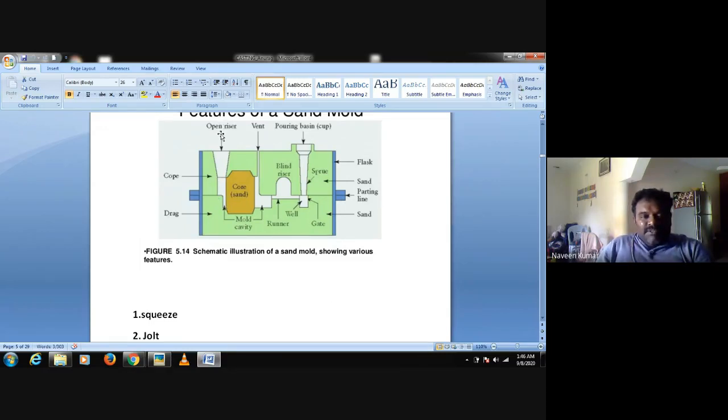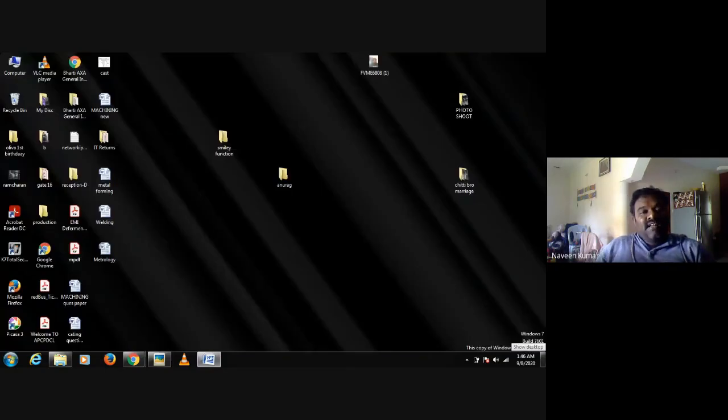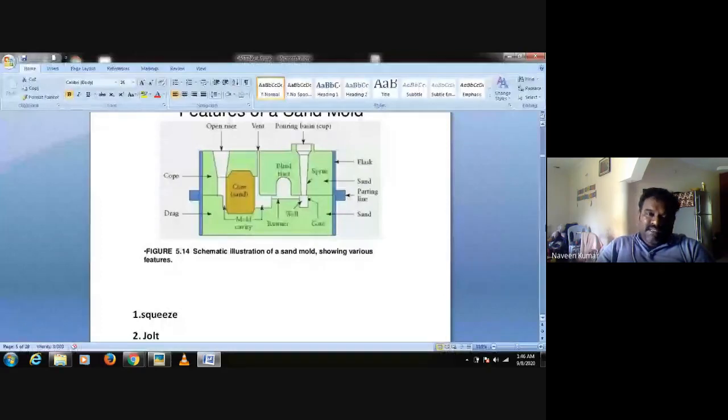The moment we observe the flow of molten material in the riser, we stop pouring, because flow of molten material in the riser is an indication that the mold cavity is completely filled.